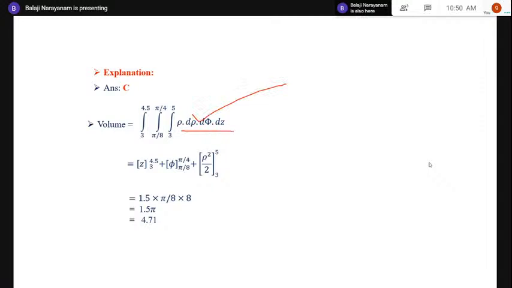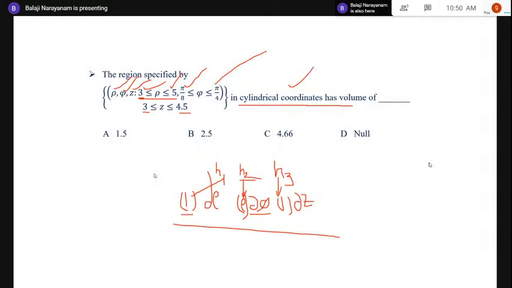That is how we got rho d rho d phi dz, and you substitute the lower and upper limits. The integration needs to be done with respect to rho, phi, and z. Integral dz is z, with lower and upper limits 3 and 4.5 meters.